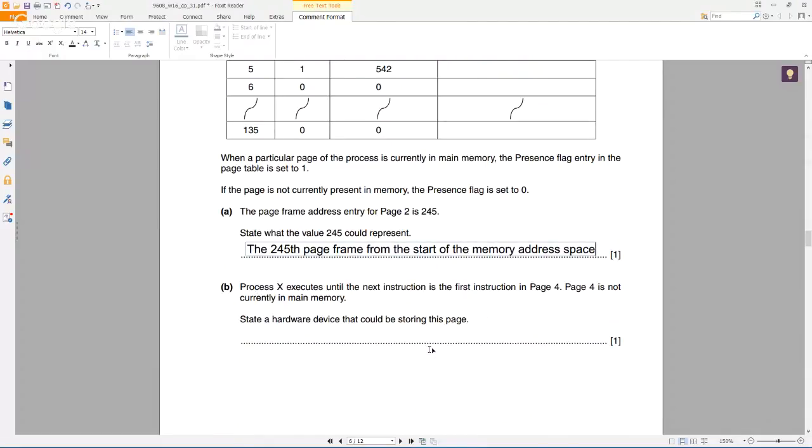And where these pages are stored when they are not in the main memory? They could be stored in secondary storage devices that typically are hard drives, SSD drives, or flash drives, anywhere. You can configure the operating system where this information can be stored, but most of the time it's hard drives or SSD drives these days.